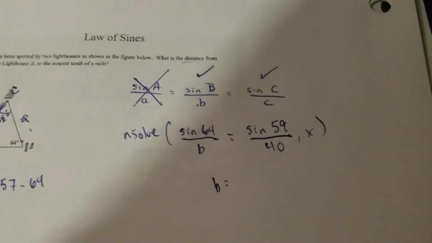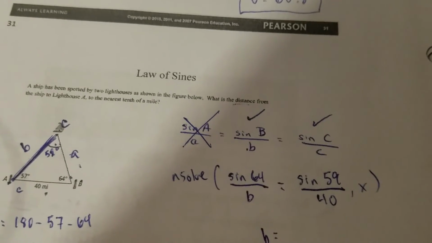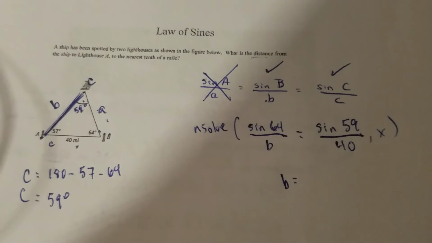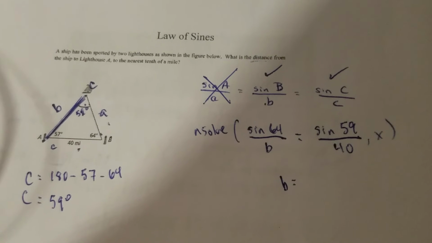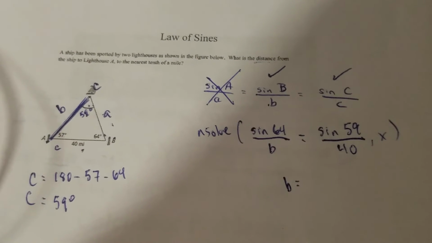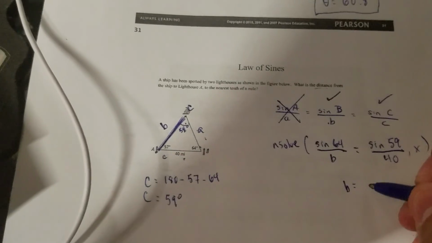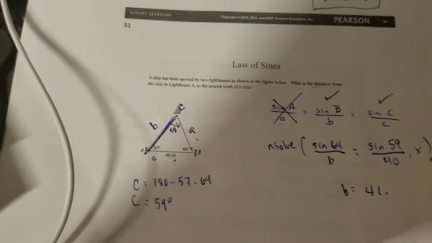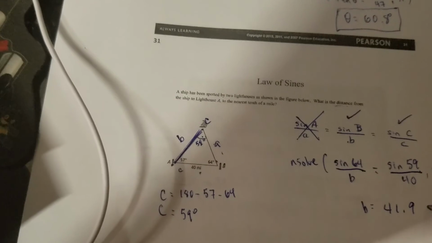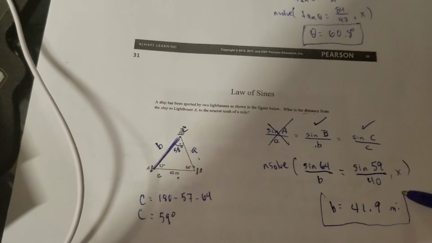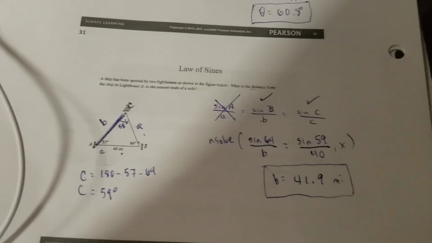And when I do that, I get that little b is equal to 41.9 miles.